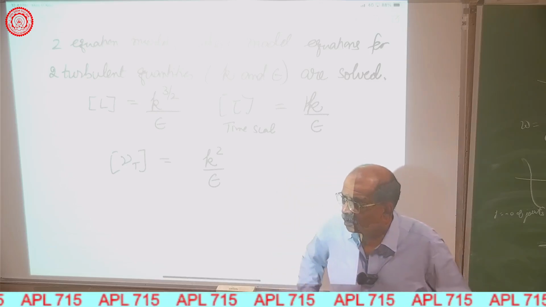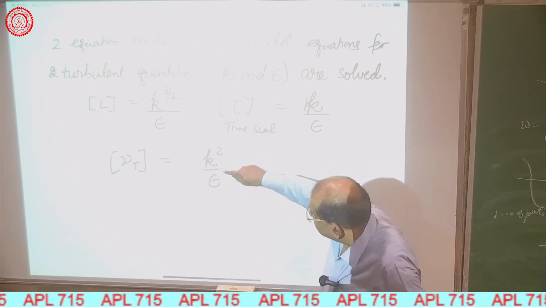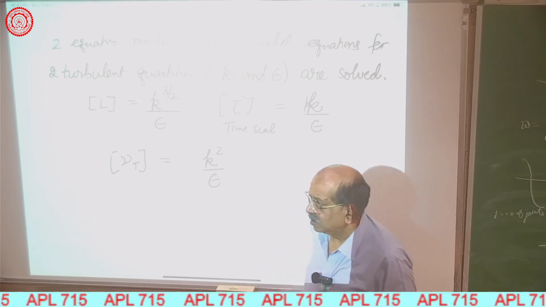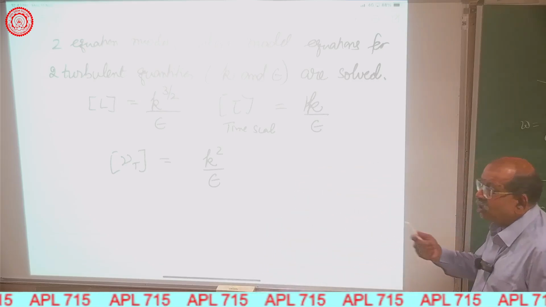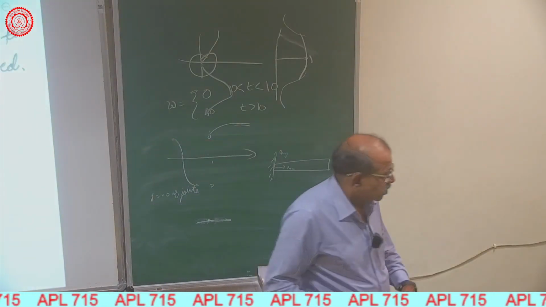Okay? And now to get k and epsilon, we will have to solve the equation for k as well as for epsilon. So nu t will be taken as some constant times k squared over epsilon, and we write it like this.